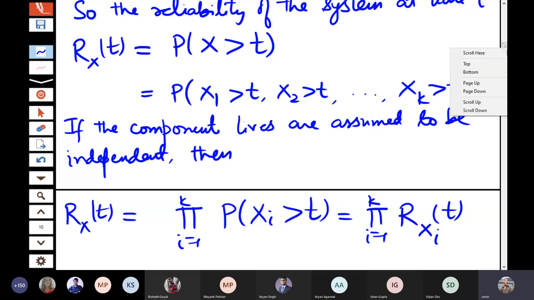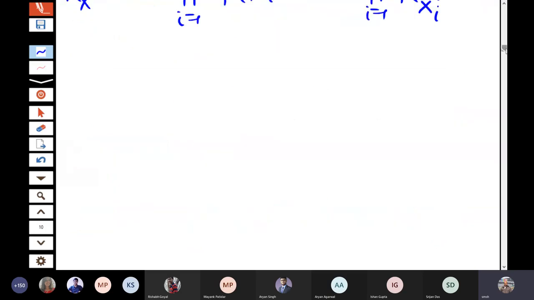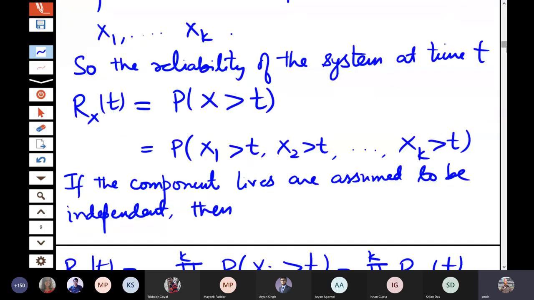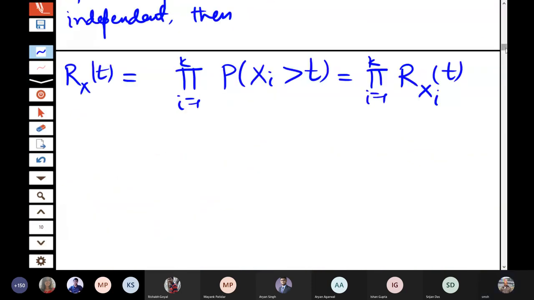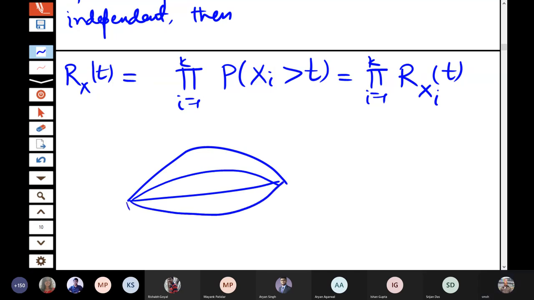Now let us look at parallel. So the concept of parallelism, how it is helpful. Let us consider then the systems connected in parallel. So this is x1, x2, xk. All right.